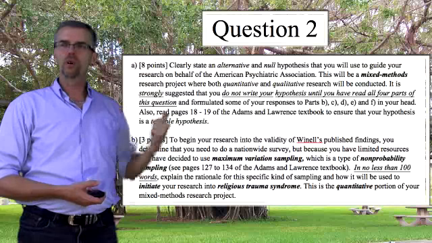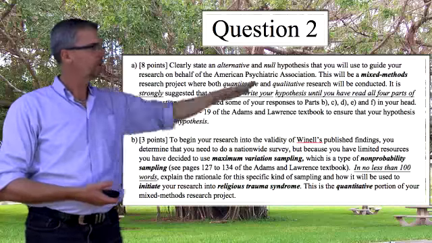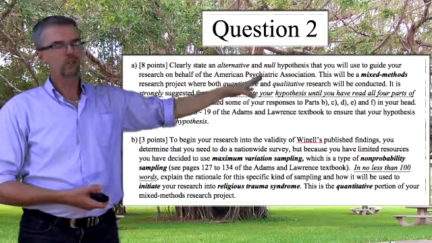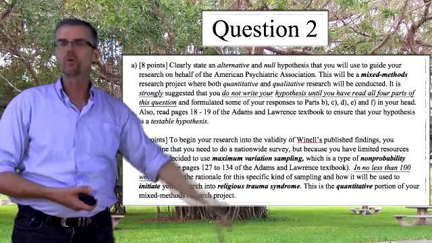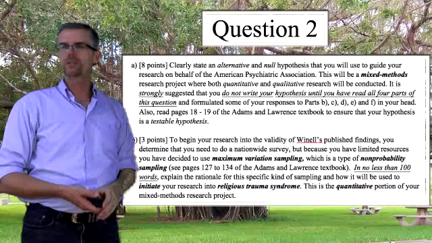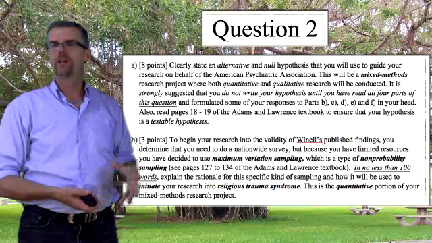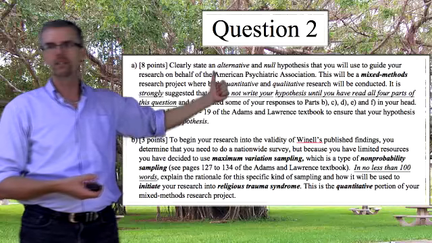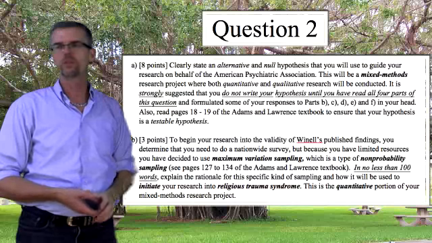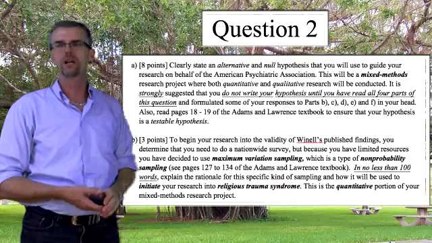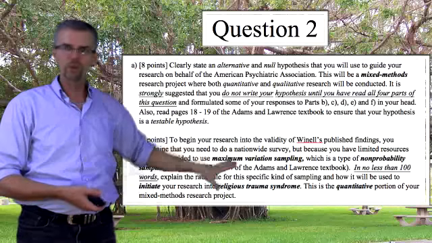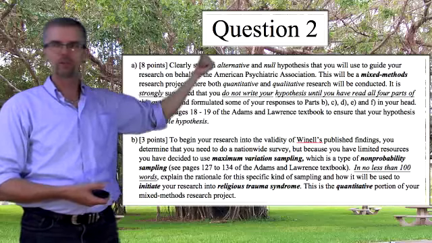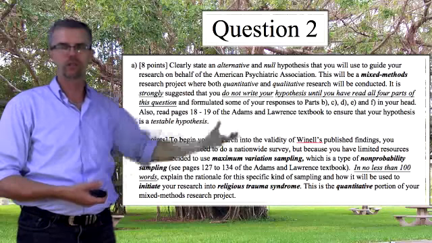It is strongly suggested that you do not write your hypothesis until you have finished reading the entire question all the way through parts B, C, D, E, and F, and formulated some answers in your head. Also, I want you to read pages 18 to 19 of the Adams and Lawrence textbook to ensure that your hypothesis is a testable hypothesis. Once again, we're just moving through this. I want you to come back to part number A and write your hypothesis after you've formulated your answers.